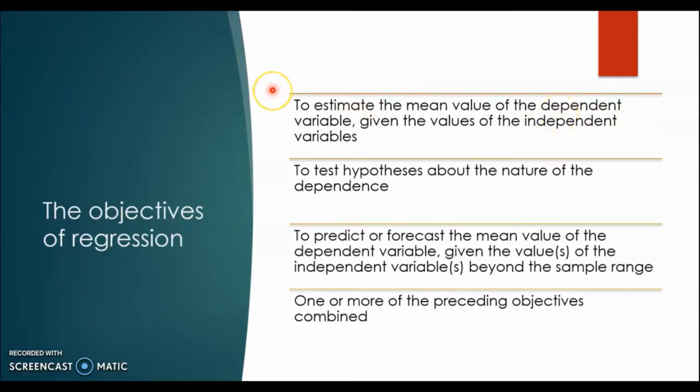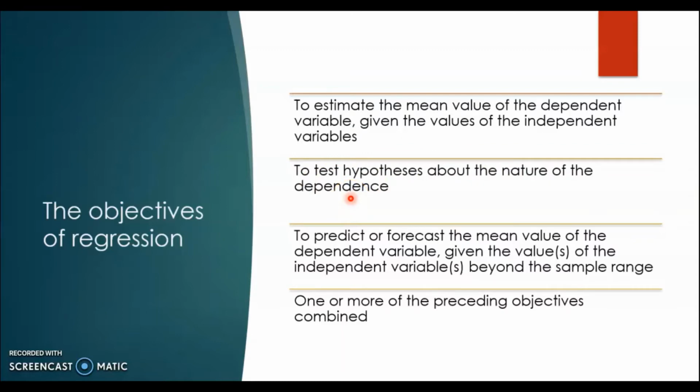So, regression analysis, as I mentioned before, has one of the following objectives. First is to estimate the mean value of the dependent variable given the values of the independent variables. Second is to test the hypothesis about the nature of the dependence.